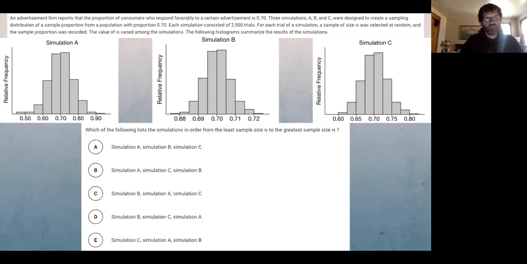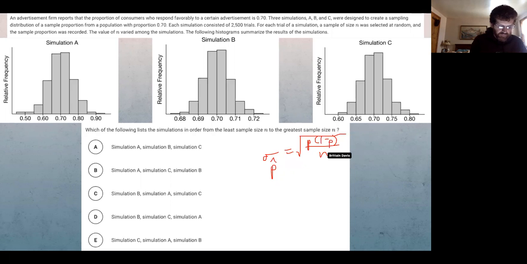Okay, now basically this question is all about the sample size. So this is sampling with proportions, and the standard deviation for a sampling distribution of proportions. So actually I should not do it that way. That would be mean right there. So it should be proportions, that is going to be the square root of p times 1 minus p all over n.